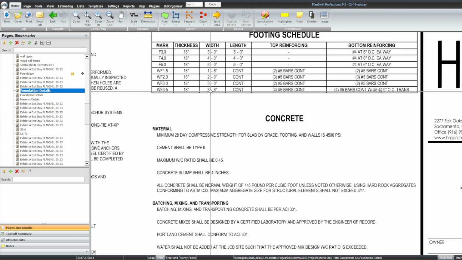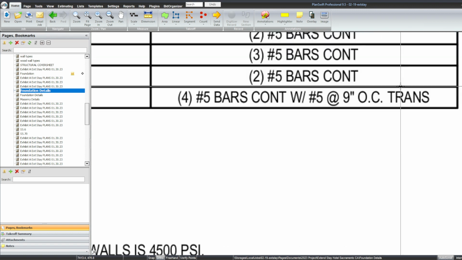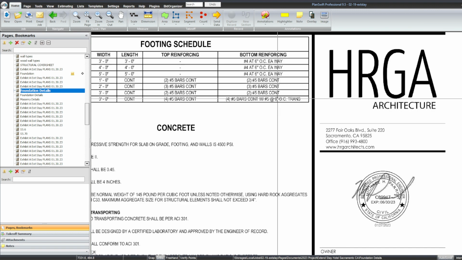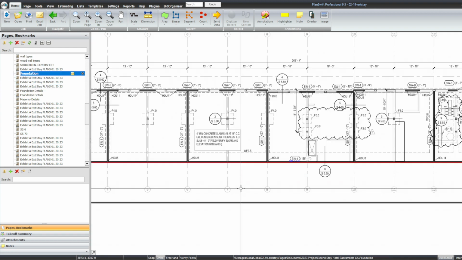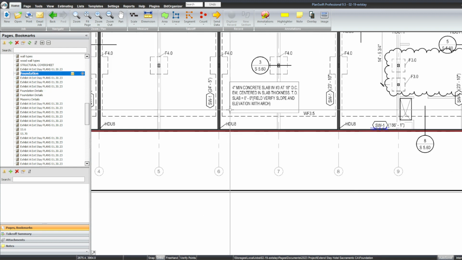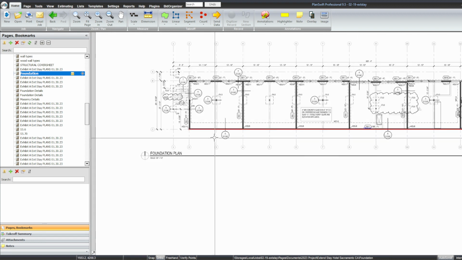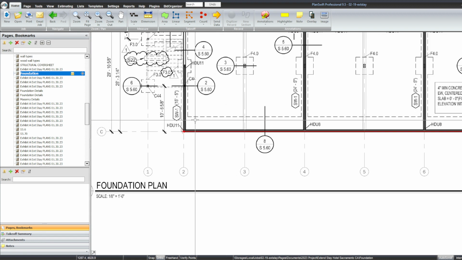at 9 inches on center transverse. Okay, so basically, let's just go to, what did it say, 9-inch transverse? Okay, so this is our footer, 3.5. And so what transverse is this way.